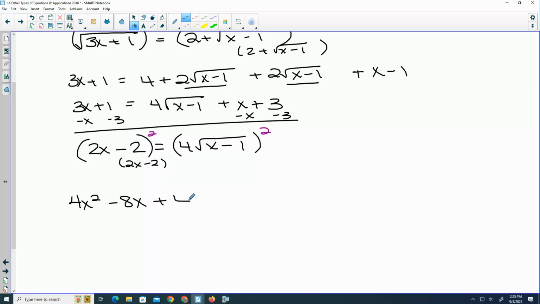Negative 2 times negative 2 is positive 4. On the right, what do we get? 4 squared is 16. For the square root, the square drops that, so we have 16 times x minus 1. And you have to distribute that 16.